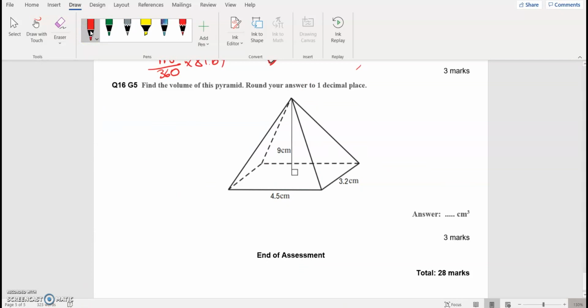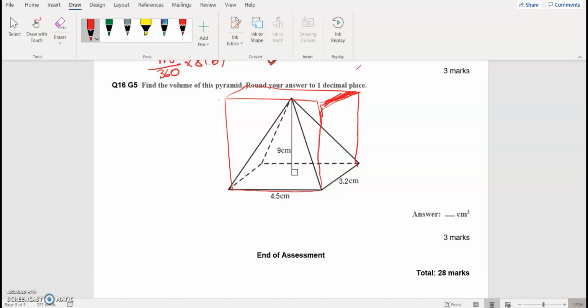What we know is that if I were to make a cuboid with the same dimensions as this pyramid, so it has the same length, width and height, right? The volume of the cuboid would be 3 times the volume of the pyramid.